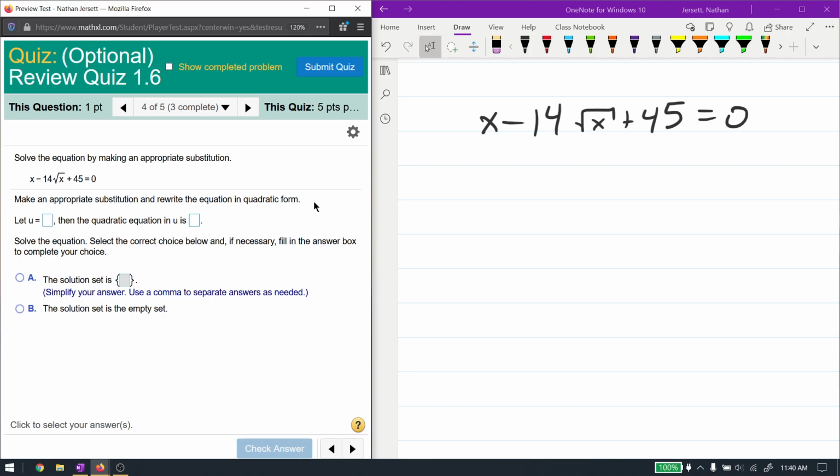Well, what I'm going to rewrite is this square root. I'm going to rewrite this square root as the power 1/2. And then I'm going to write this x. x is the same thing as x to the 1. And now you might be able to see how it is quadratic in form. That's because x to the 1/2, if you multiply this power by 2, it's going to give you 1.